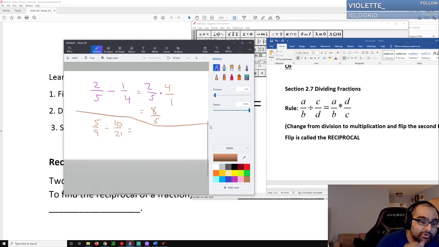Can anybody tell me here, how can I rewrite this problem? What can I rewrite 5/9 divided by 10 over 21 to?